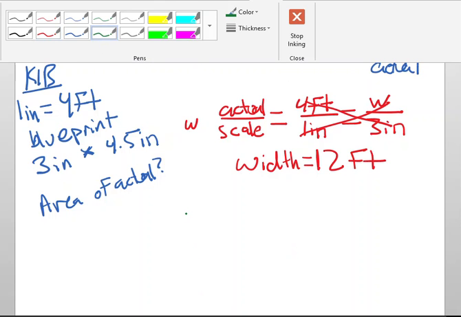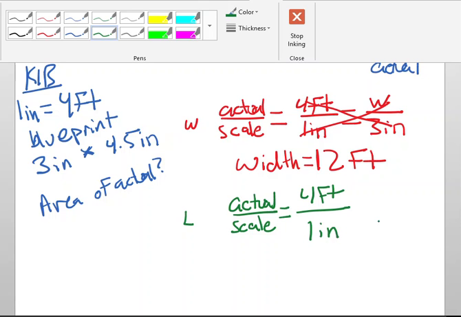All right, so now I'm going to find my length. So I'll put my actual over scale. Yes, Miss Syed, every single time you make me do this. 4 feet over 1 inch is equal to length over 4.5 inches.